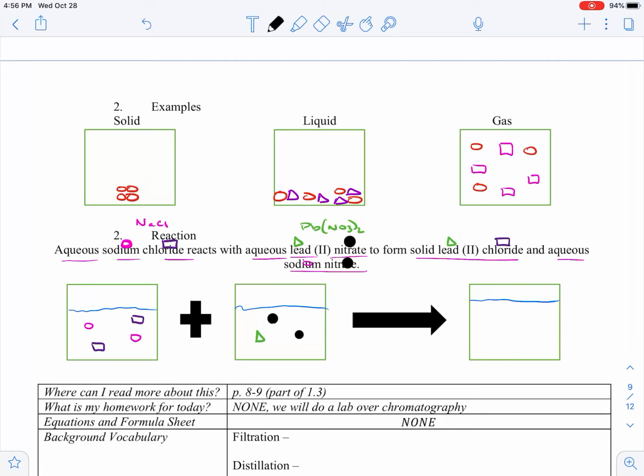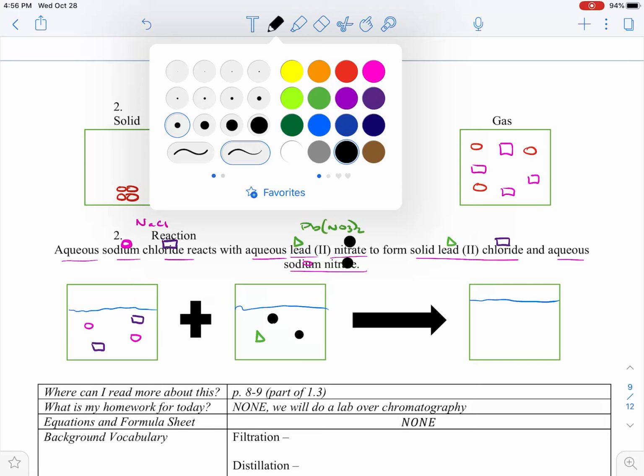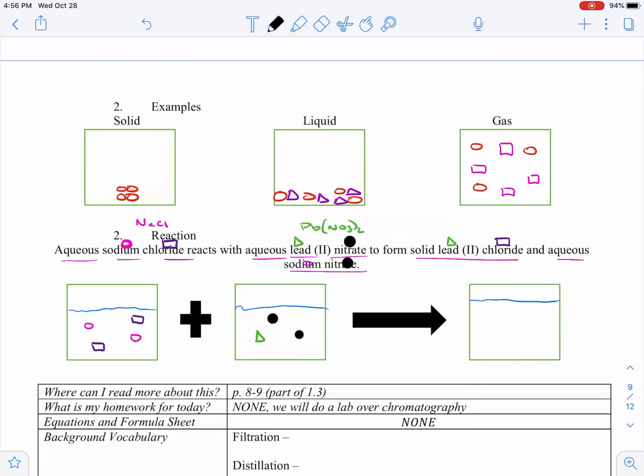We also need to keep them in terms of sizes as well as their stoichiometric relationships, but we really haven't talked about stoich yet, so we'll revisit this later. Now we're going to form solid lead chloride. Solid means it's going to stay together. As a quick aside, lead chloride is PbCl2, so for every triangle I'm going to have 2 boxes.